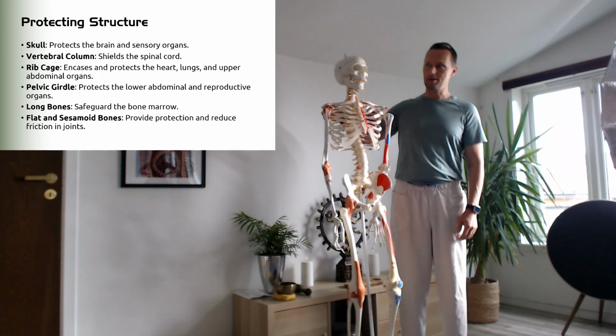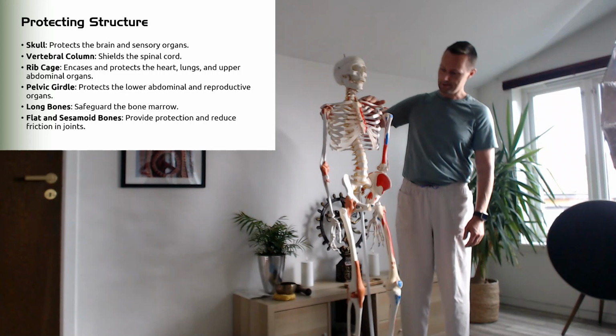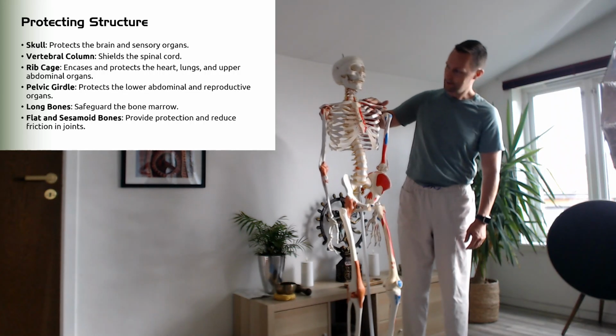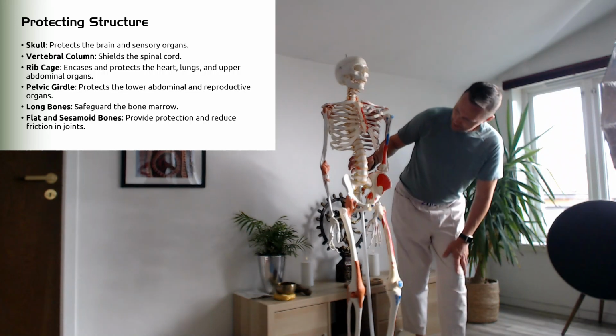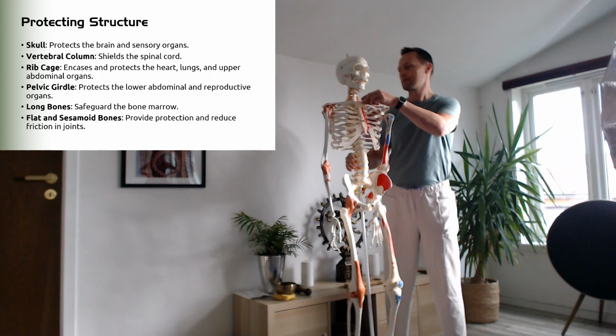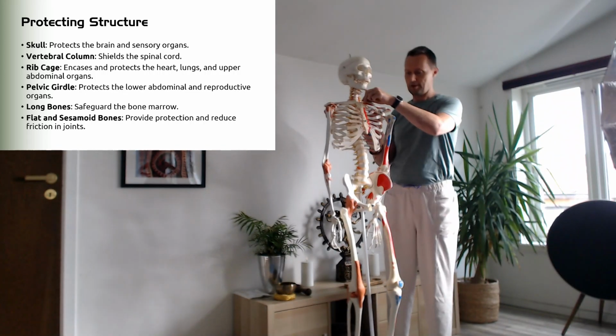The scapula is a flat bone. What other flat bones do we have? Scapula is counted as a flat bone.